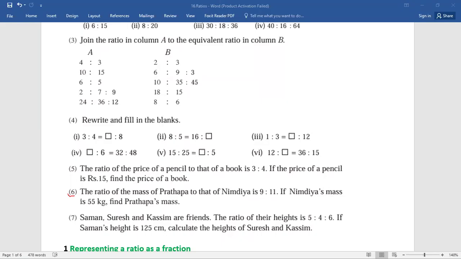Pratapa, India. What is the ratio? 9 to 11. Now we have the mass. What is the mass? 55, India's 55.